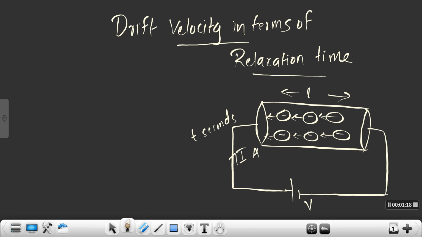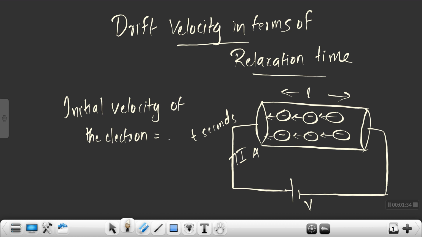So here we know that before applying a PD across the conductor, the initial velocity of the electron is 0. And we know that the final velocity is the drift velocity of the electron.